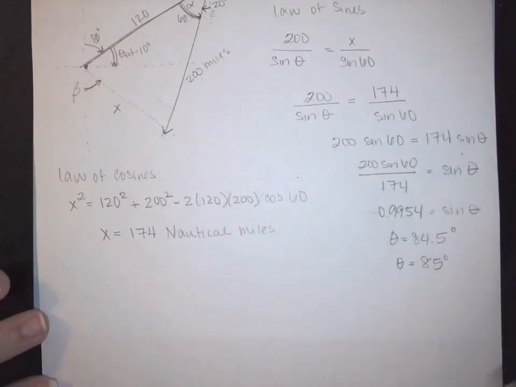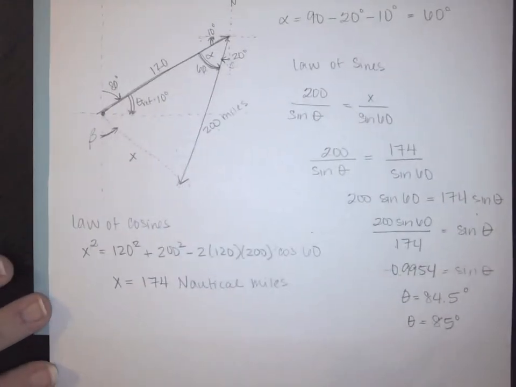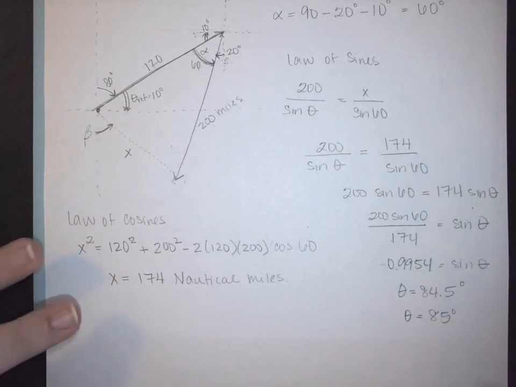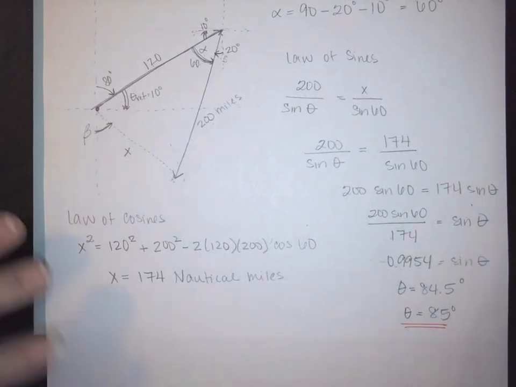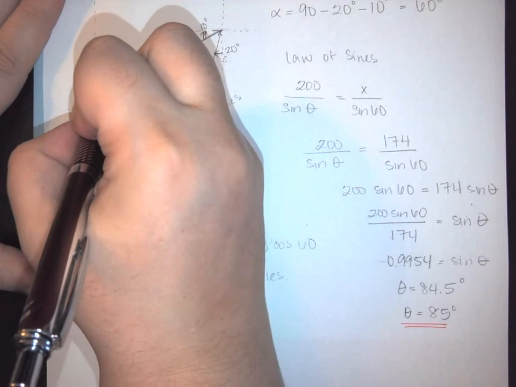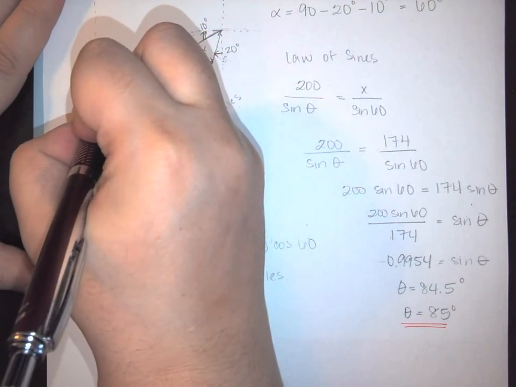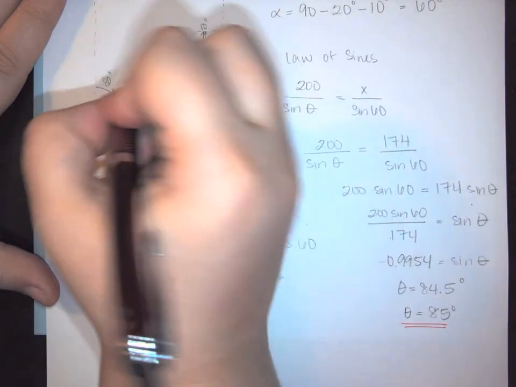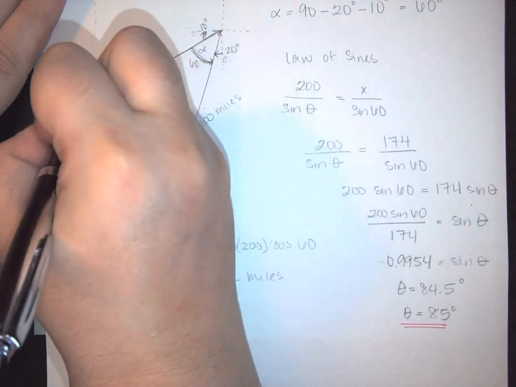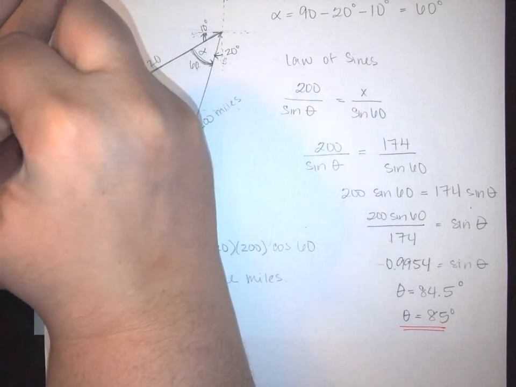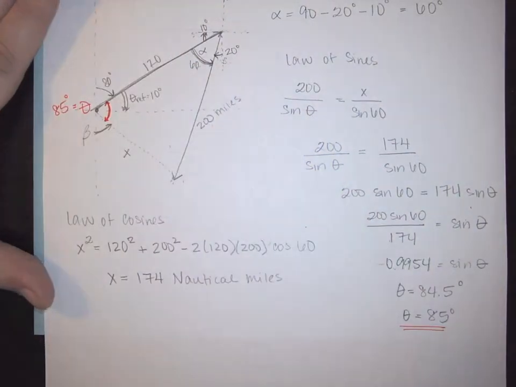Okay? So, what actually was theta? Well, if we look at your theta, theta would be this angle here. Okay? This would be the theta that we just found, which is 85 degrees.